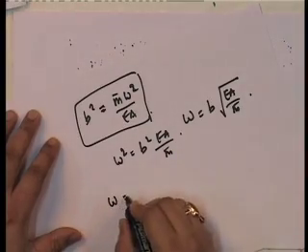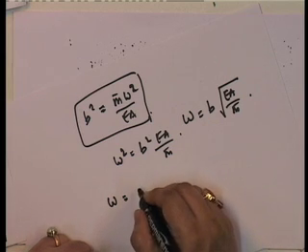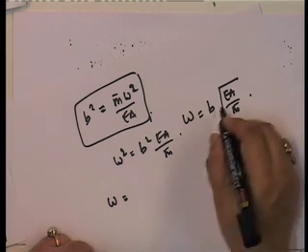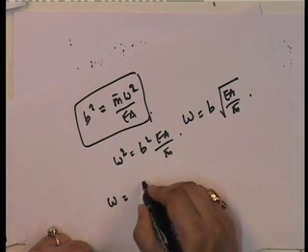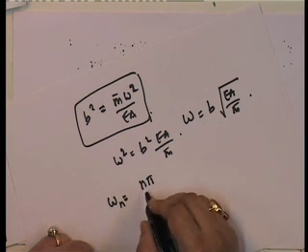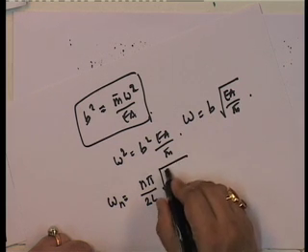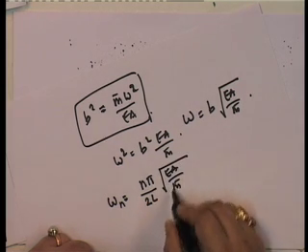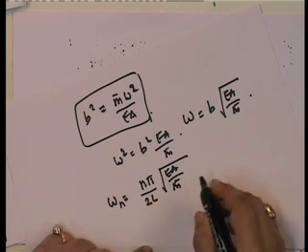So, omega n is equal to n pi upon 2L into square root of EA upon m bar. Now, this EA is a unit, so I am going to put L inside.